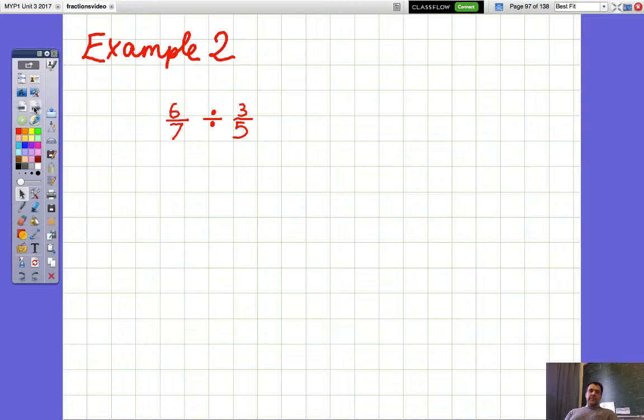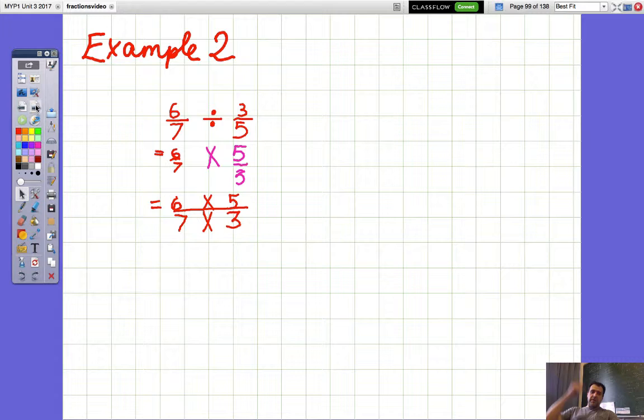Next one, 6/7 divided by 3/5. So this was done by somebody in class, so that's why the writing's a bit suspect. They changed divide to times, and then they flipped 3/5 over into 5/3. So that's 6/7 times 5/3.